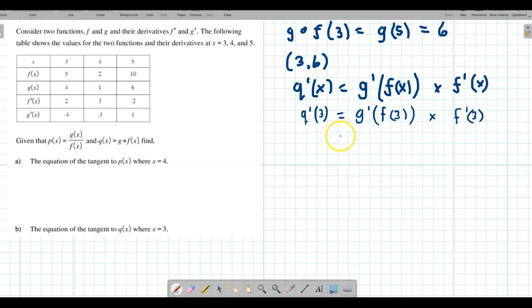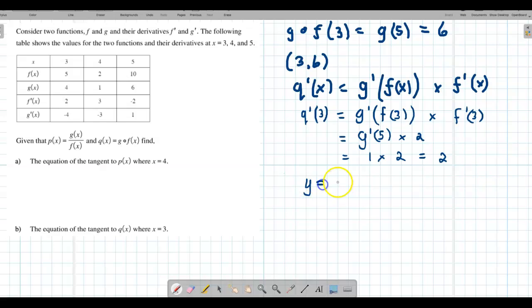So let's go through and start working out some of these values. So F of 3 is 5. So I'm actually looking for G dash of 5 times it by F dash of 3. So F dash of 3 is 2. And G dash of 5 is 1. So this is 1 times 2. So obviously 2, this is the gradient of the tangent.